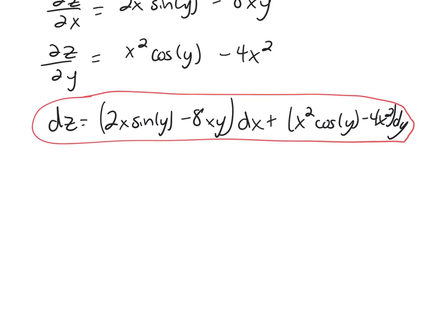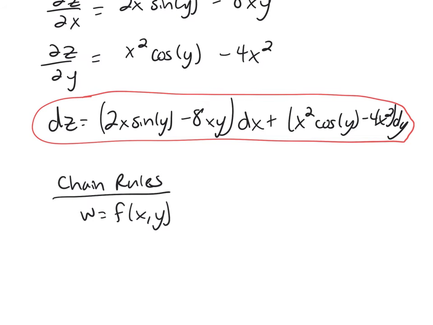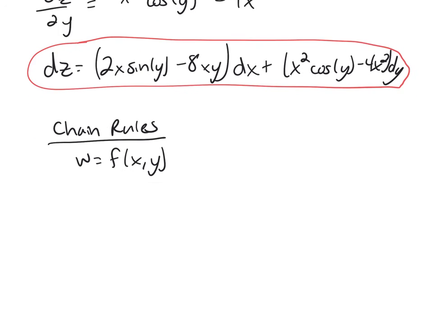All right, so next we're going to talk about the chain rules. And I'm not going to go into all the different variations. We're just going to look at, let's say, w is f of x, y, and then x is a function of t, and y is also a function of t.